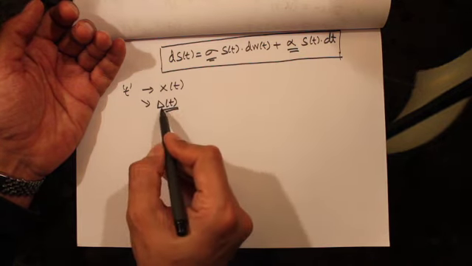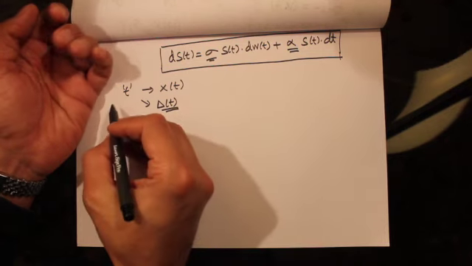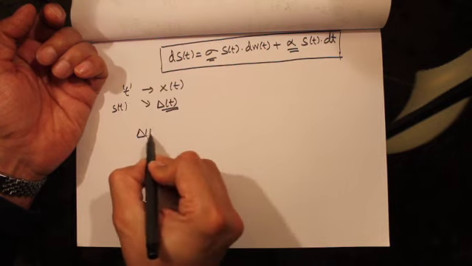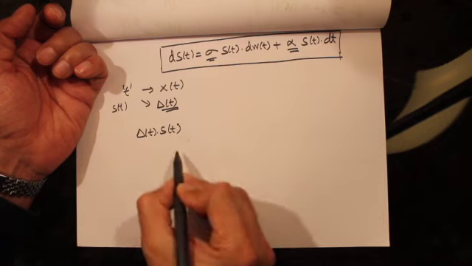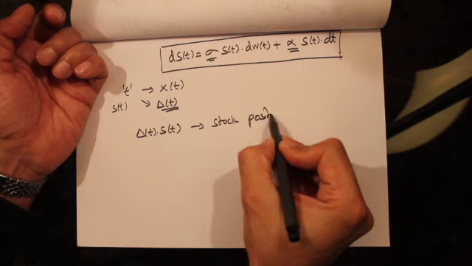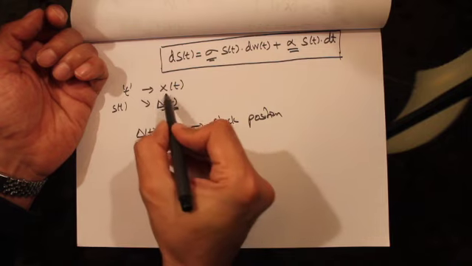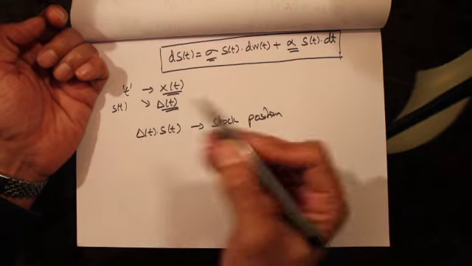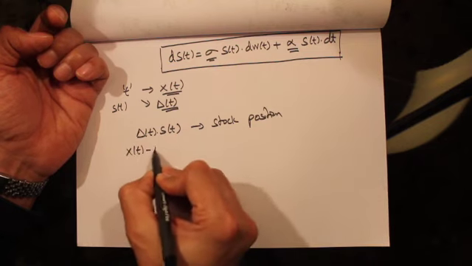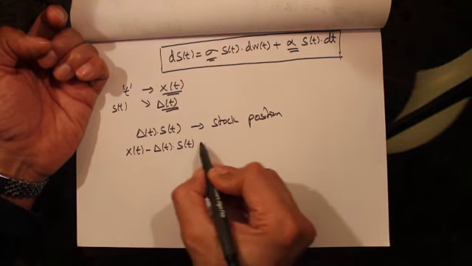If we want to buy Delta(t) shares of stock, and the stock at time t is trading at S(t), we need to shell out Delta(t) S(t) amount of money to buy the stock. This is the amount of money we're going to invest in stock. But we had X(t) amount of money with us. So how much money is remaining after we buy the stock? We're going to have X(t) minus Delta(t) S(t) left, which we're going to invest in a money market account.